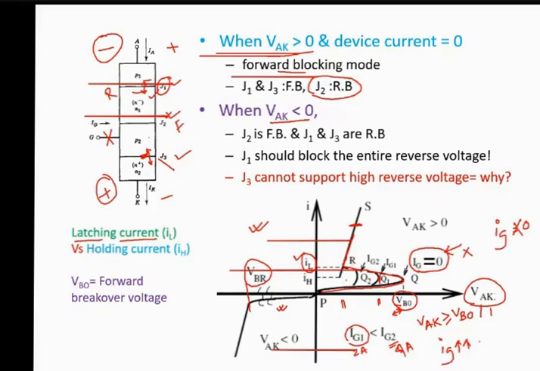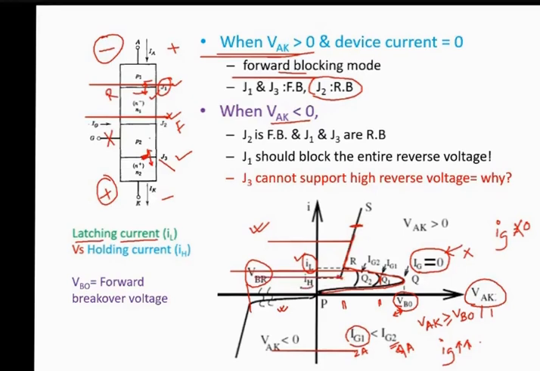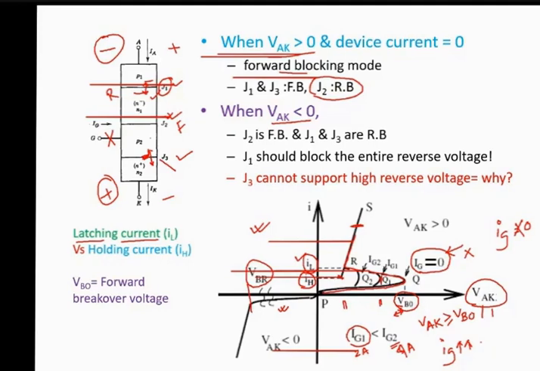So the only way to turn off the device now is when, due to circuit parameter condition, your device current starts falling and it reaches a value known as holding current. So if your current through the thyristor, due to external circuit operation, drops below holding current, then your thyristor will again turn off.